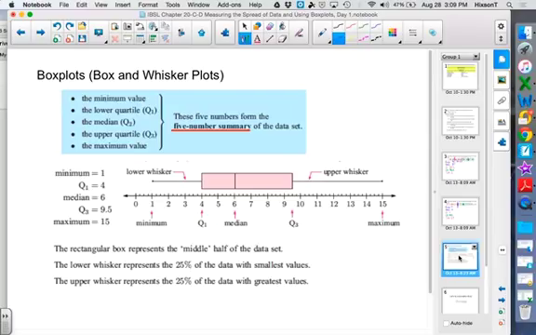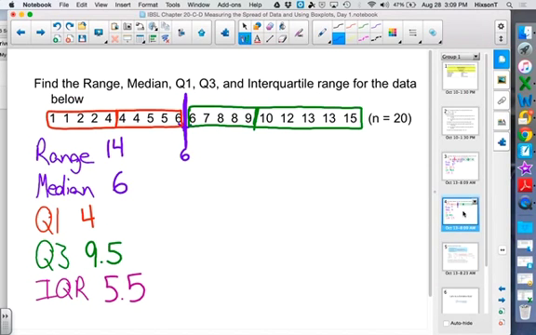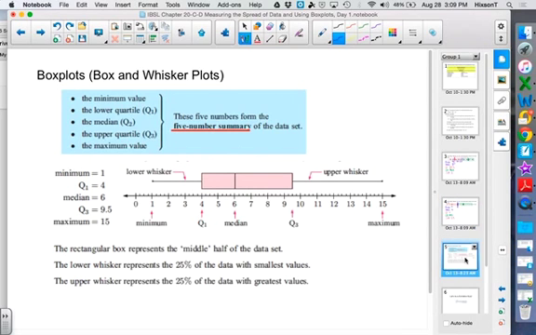Now let's look at this, because this actually represents the data that we were just looking at, these 20 values here. You can see here was our min at 1, our max was at 15, and this is how I would do it if I were sketching it. There's our min and our max. We found the median next, so I'd put that on there.